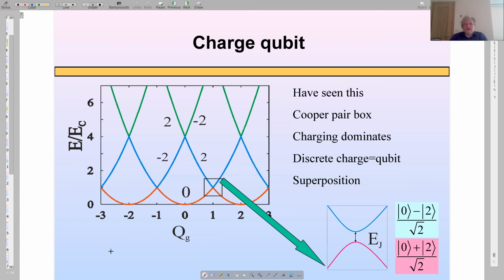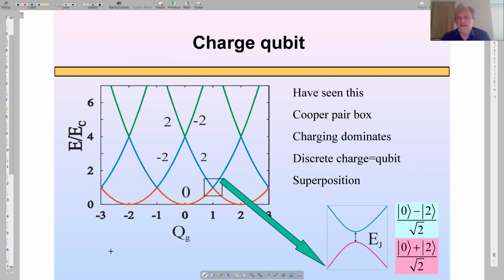We still have plenty of parameters to choose, and the most obvious choice is the relative strengths of Coulomb and Josephson energy.